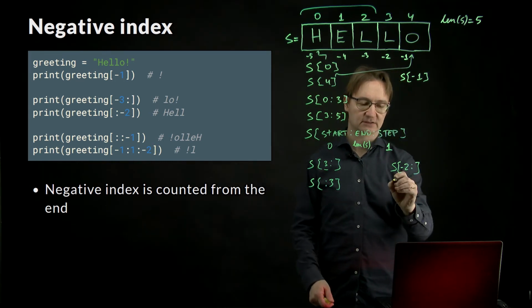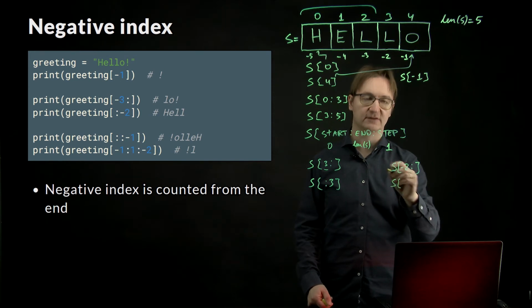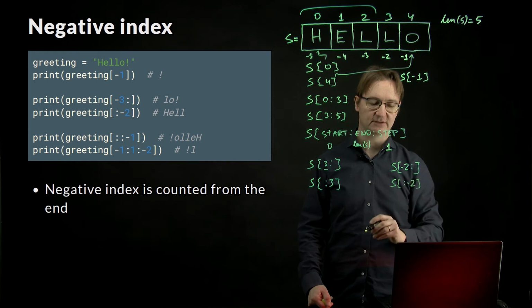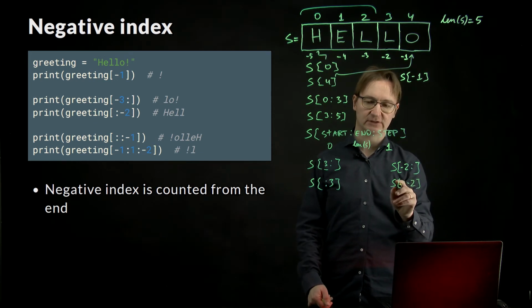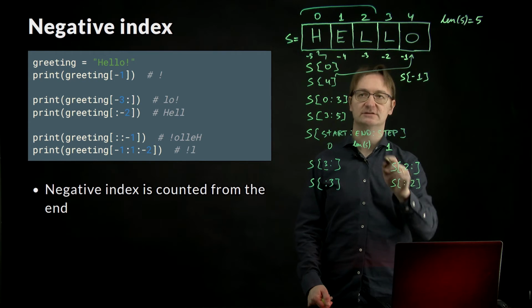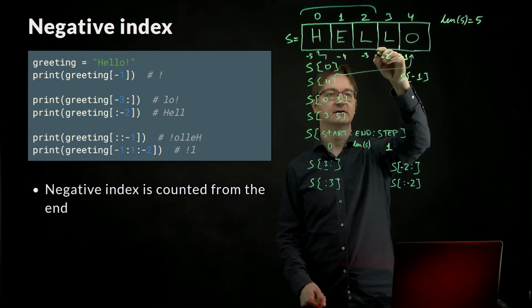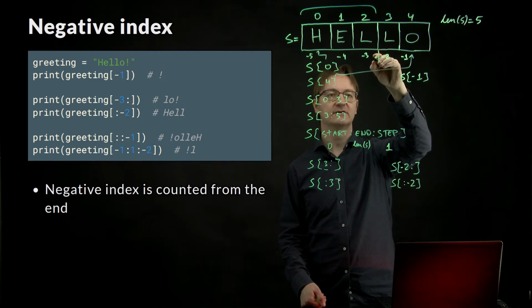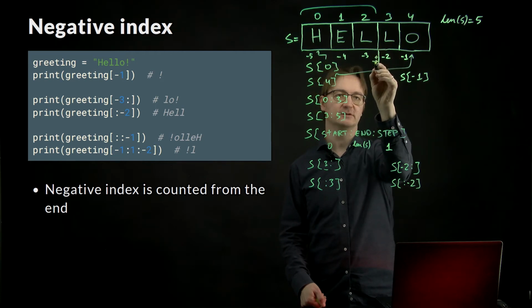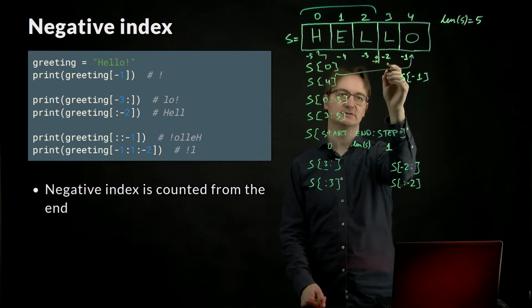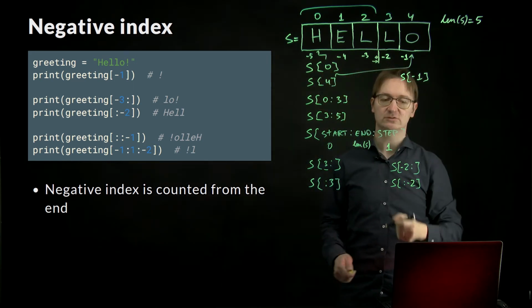The same applies: I could take everything up to the 2 last elements, so I can write it here. As was pointed out, the start index default is 0, and the end index is not included. So I get everything from 0 up to this point. The index -2 is not included.